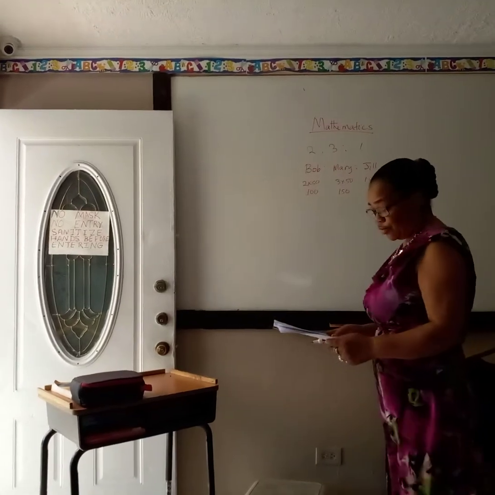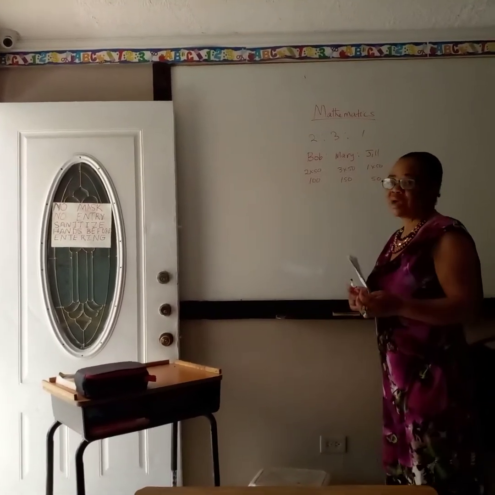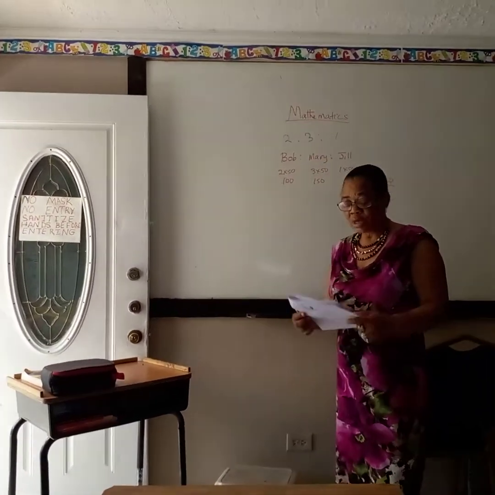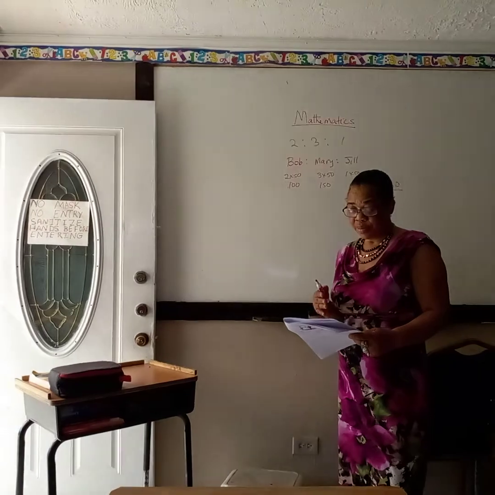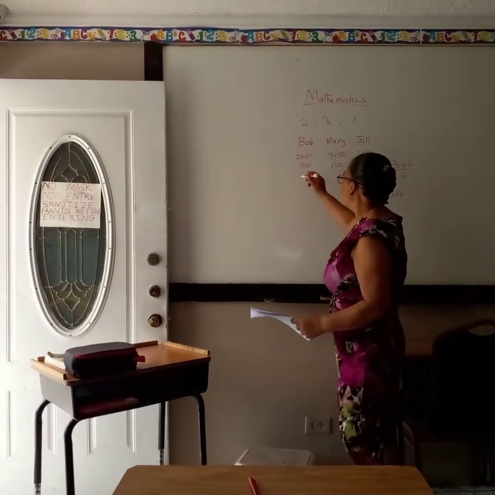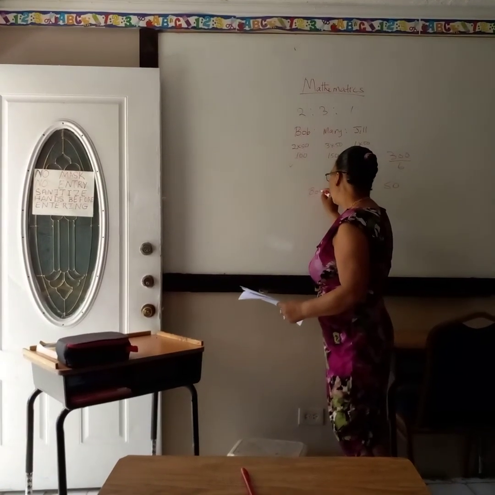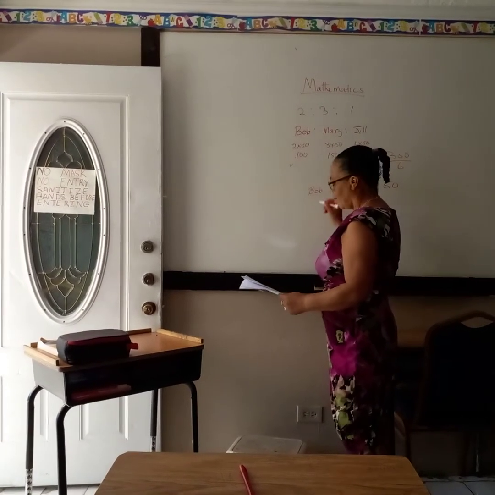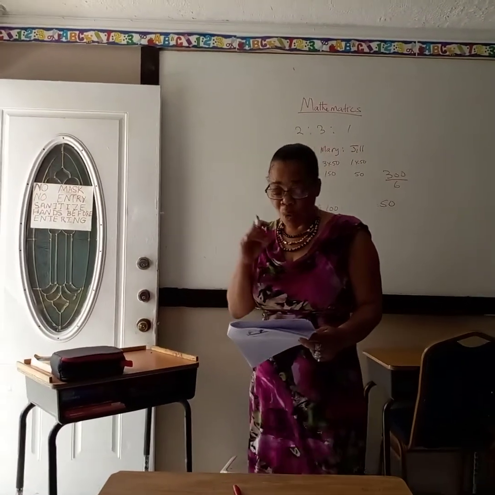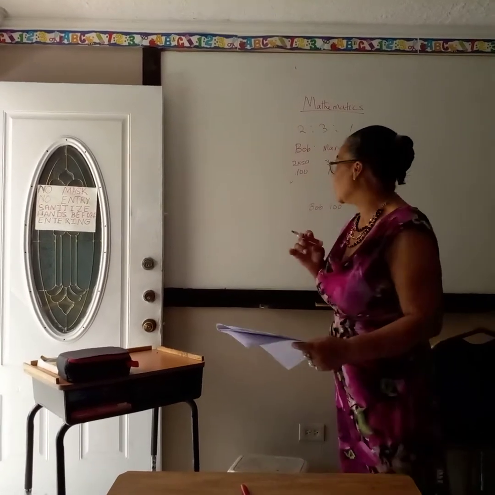Normally I would do all of that before I even look at what they're asking me for on the paper. So now I look back to the paper, and it's asking me, how many mangoes did Bob receive? Bob received 100 mangoes. The next question asks, how many more mangoes than Bob did Mary receive?